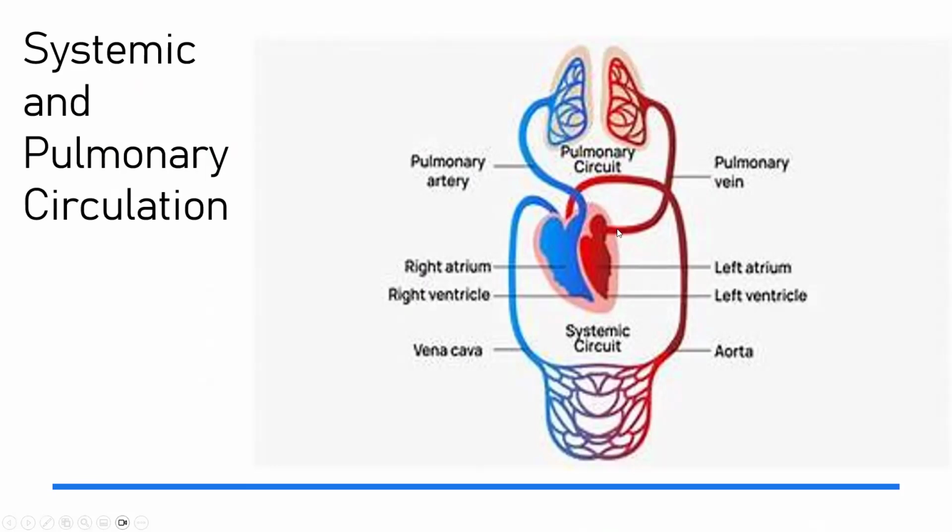So basically what's happening here is the deoxygenated blood is coming up from the whole body, the systemic circuit, into the heart. It's then going out into the lungs to pick up that oxygen and to drop off the waste, the carbon dioxide. Then it comes back from the lungs nice and oxygenated, so red, right?